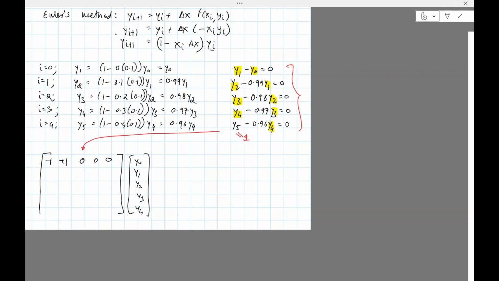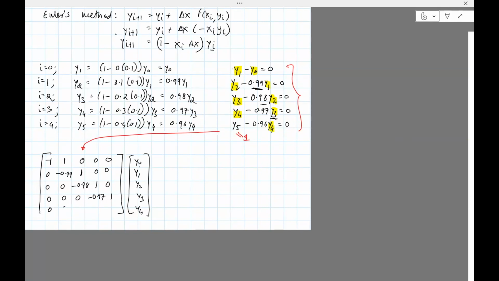Next, there's a 0 for y0, minus 0.99 for y1, 1 for y2, 0, 0. Then 0, 0, minus 0.98 for y2, 1, 0. Then 0, 0, 0, minus 0.97, 1.